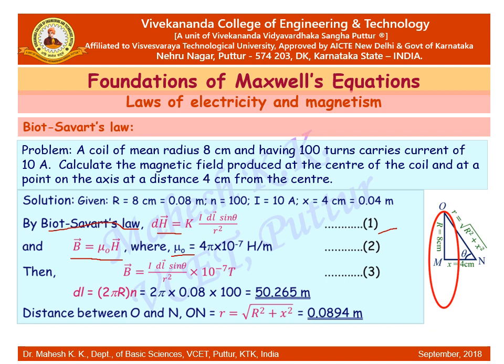Now we will replace that in the above equation. Then we get B is equal to I dl sine theta over r square into 10 to the power minus 7 Tesla. Let it be equation 3.